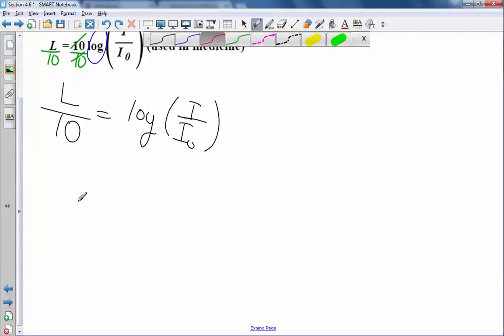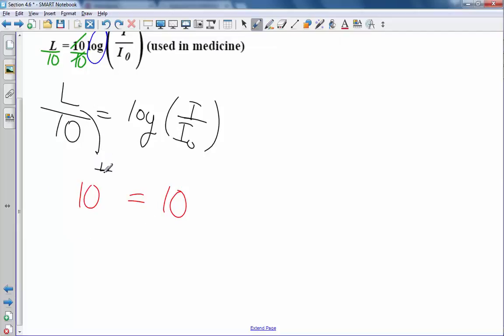Raise to a base of 10. So you put 10 to both sides, just like that, and put this guy to the top of this 10, and that one to the top of this one. I wonder why Austin chose base 10. Do you know why?